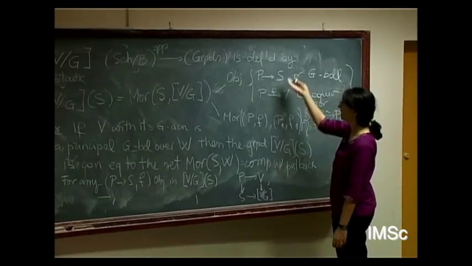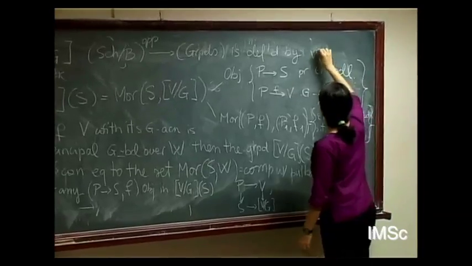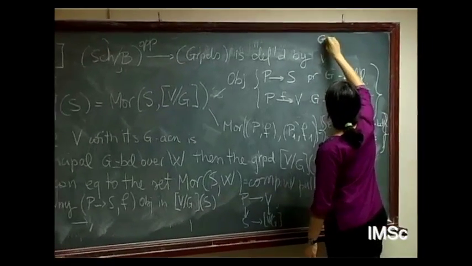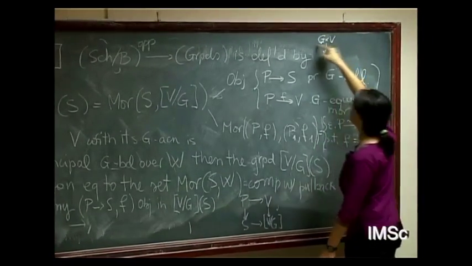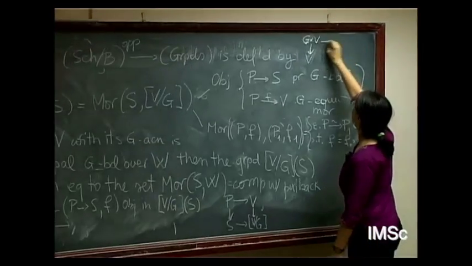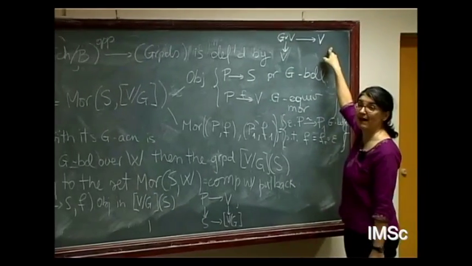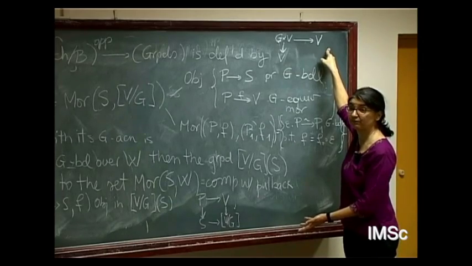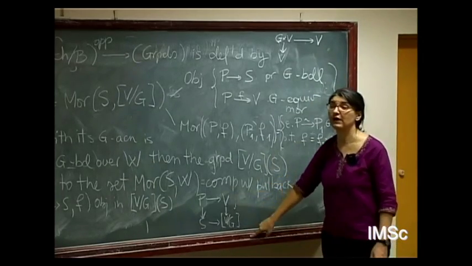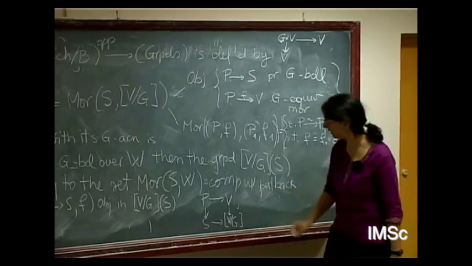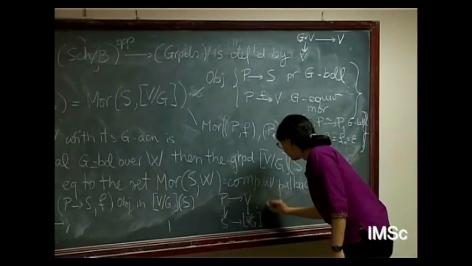Well, there is a natural map from V to the quotient, which is given by, you take G times V, this is a principal G bundle, and you send it to V in the only G equivariant map, which is just the action. Okay, so this gives you an element from V to V mod G, and this is a Cartesian diagram.